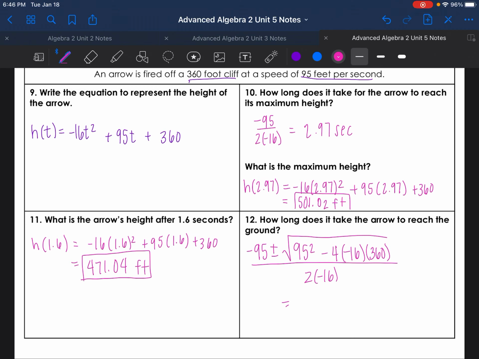Typing it in right now. So the first time you do it, you get negative 5.1.